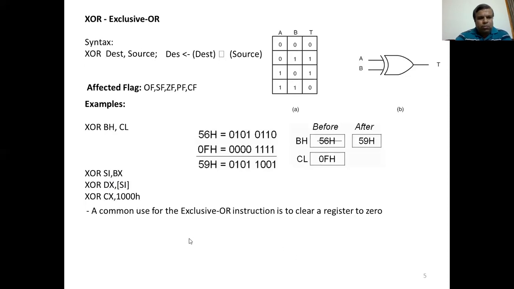This instruction is also useful if some bits of the binary number must be inverted. That is, this instruction allows a part of the number to be inverted or complemented.